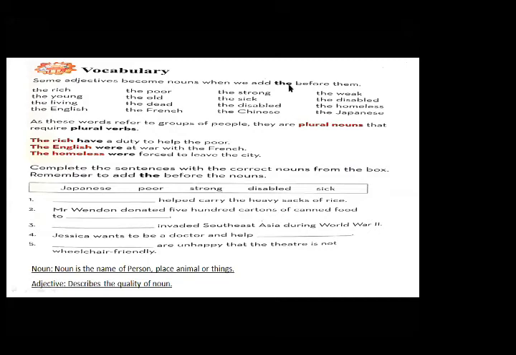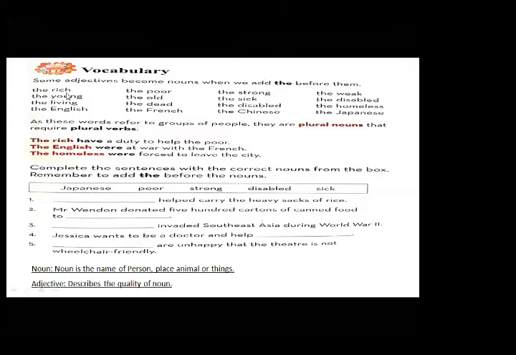So when we add the before an adjective, it becomes a noun. How? The rich. You all know very well, rich is an adjective because it is the quality of a person to be rich.